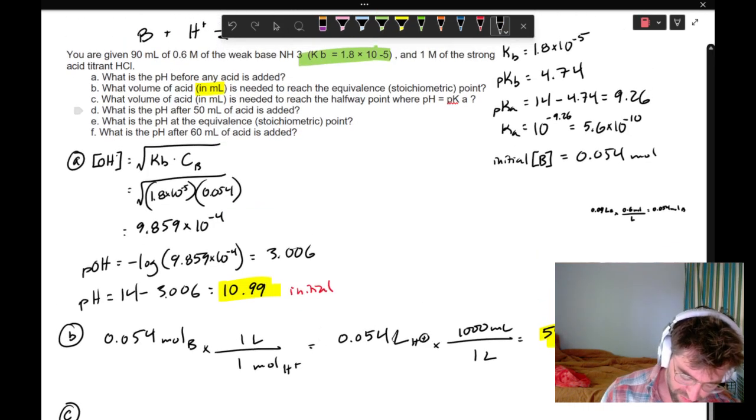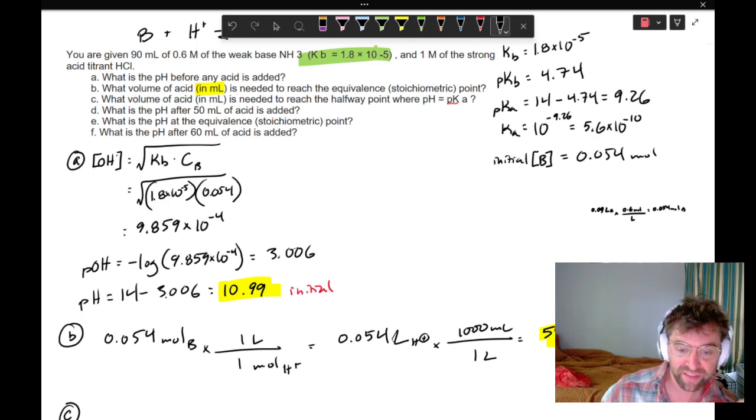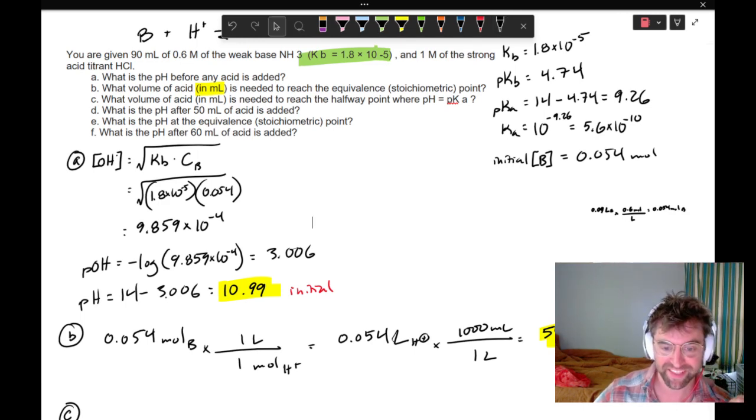C is what volume of acid in milliliters is needed to reach the halfway point where pH equals pKa. Okay, so this is kind of cool. That's just a good factoid to have memorized. That is something that certain standardized tests love to check your knowledge on.